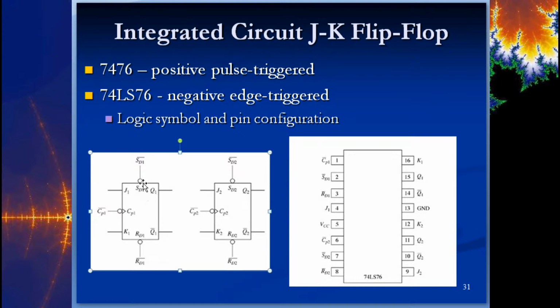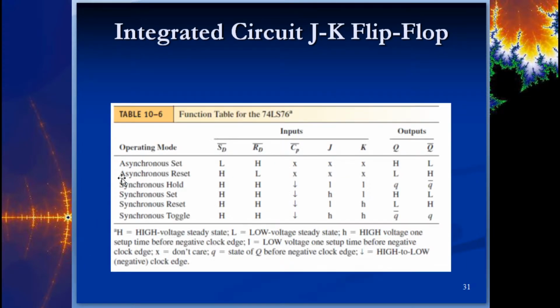If this is a low, then it has control of Q. Right? So those take precedence no matter what. And that's why they're called asynchronous, because they can change the output at any point in time. The synchronous inputs can only change the output, in this case, on the negative edge of the clock. Okay.